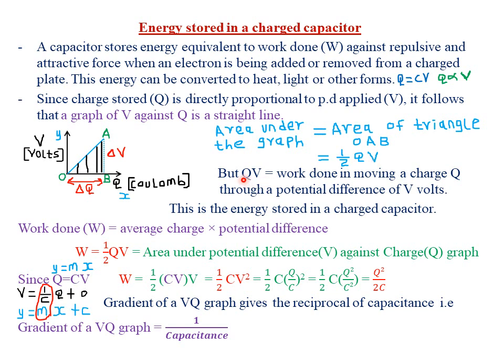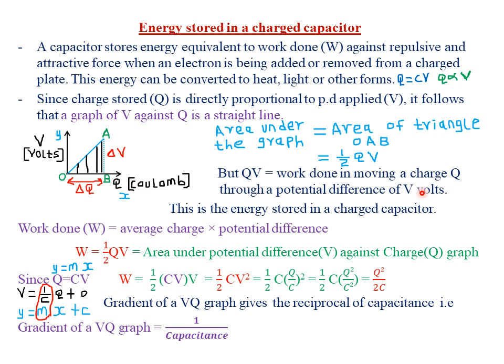But from current electricity 2, in our very first lesson of current electricity 2, we did say that the product of Q and V will always give you the work done in moving a charge Q through a potential difference V, which is in volts.